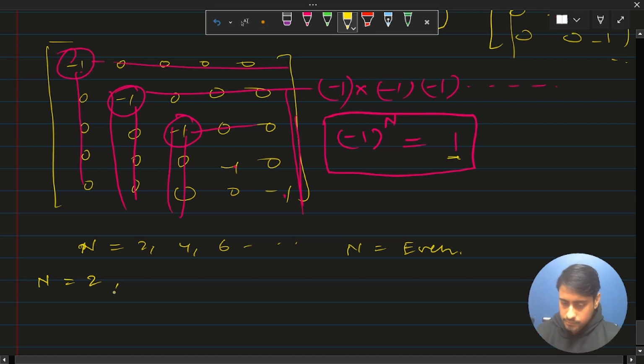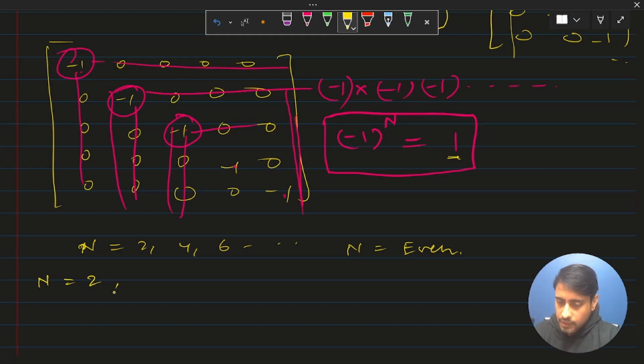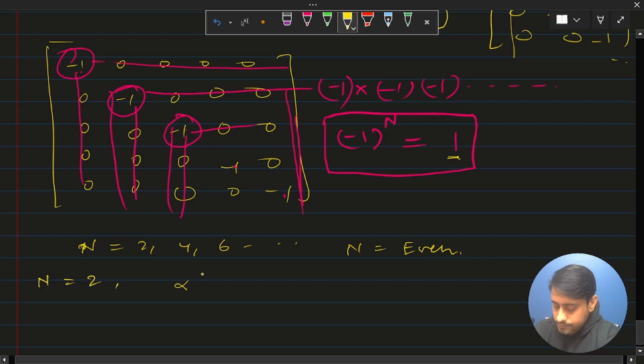For n, we need an expression like this. We must have the matrices alpha anti-commuting.